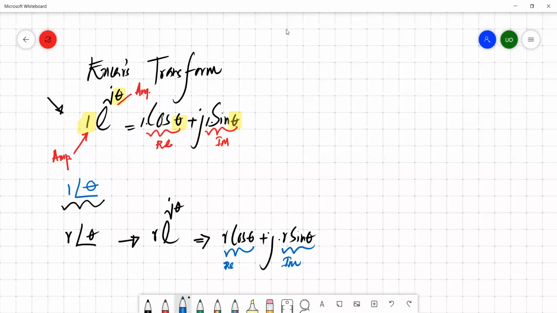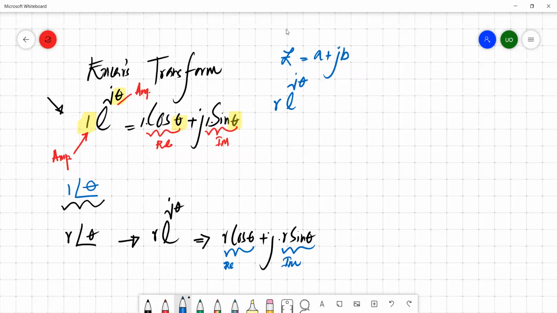Okay, so it's clear. Then any complex number in this form can be represented using r e to the power j theta.